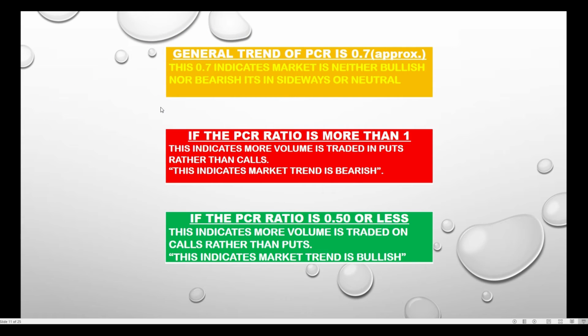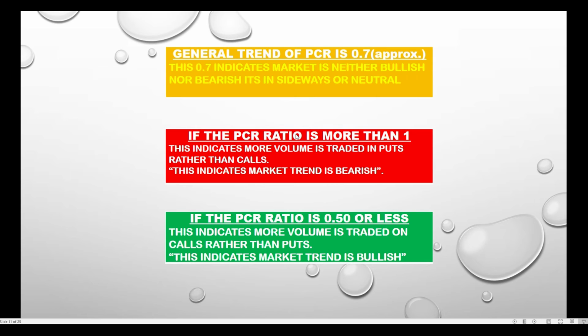See, the general trend of a PCR is 0.7. If the market is range bound and trading in a particular range, the PCR will be nearly equal to 0.7. This 0.7 indicates that the market is neither bearish nor bullish, it's only sideways or neutral.